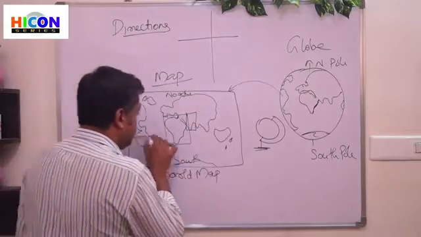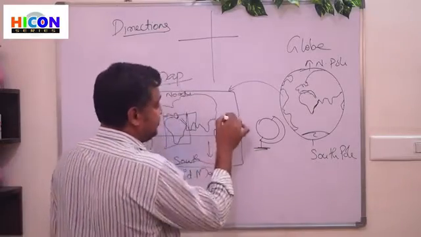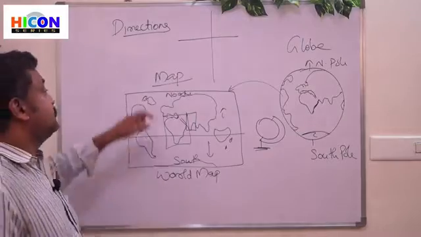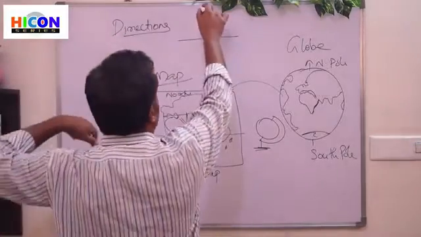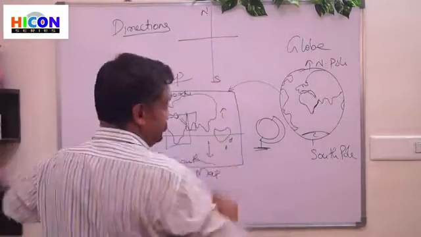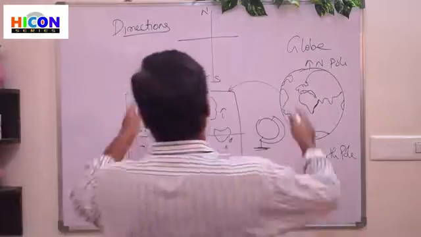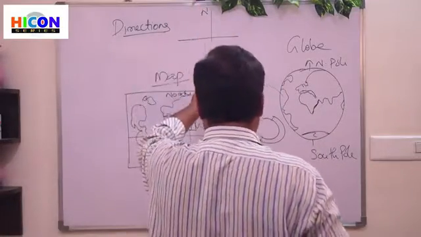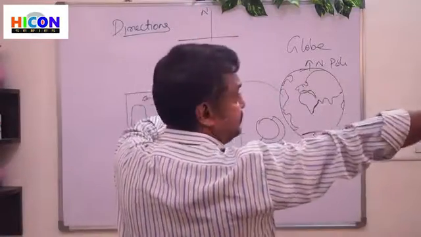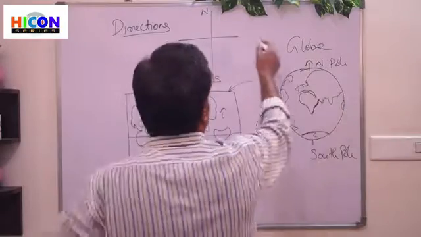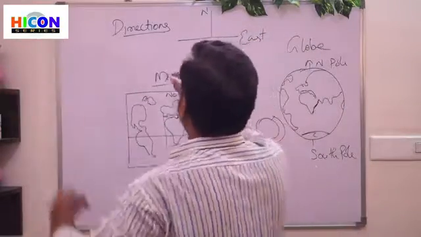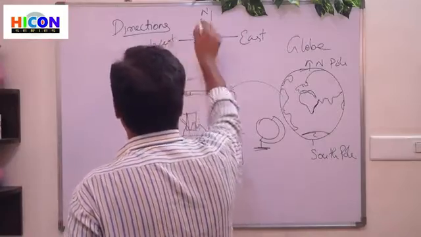We have an equator, this is the southern hemisphere, this is the northern hemisphere, isn't it? So this is the north and this is the south. And when I look at this, on top is the north, bottom is the south, and my right hand is the east, and my left hand is the west.